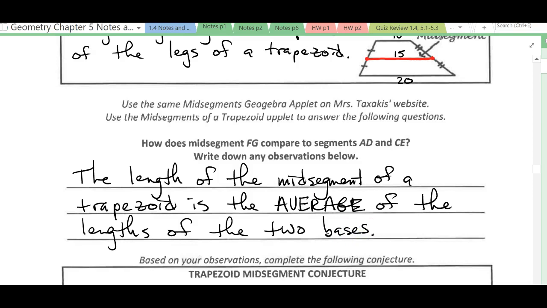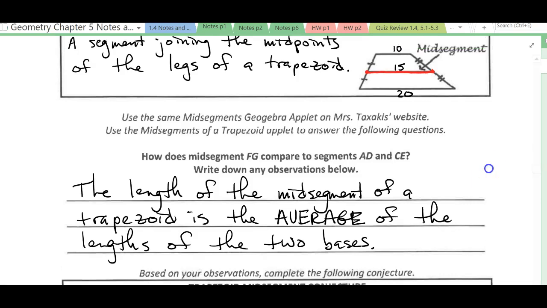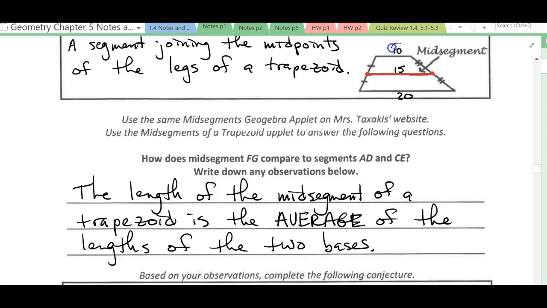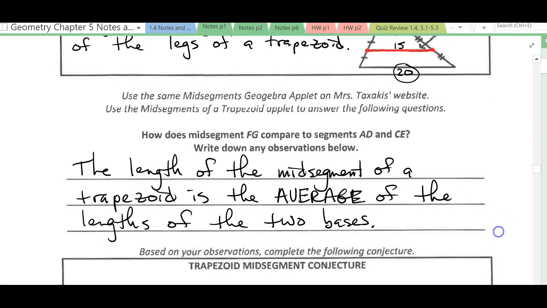Okay, so when we say the average, we're adding up two things. We're adding up the length of the upper base to the length of the lower base. That's 2. So we're going to add those two up and divide by 2 to get the average. So 20 plus 10 is 30 divided by 2, which would give us 15.